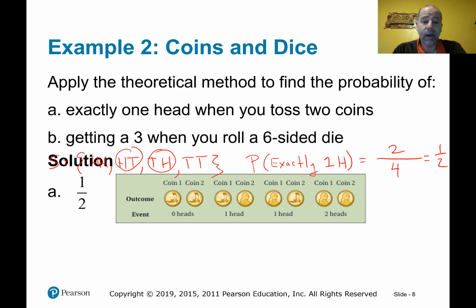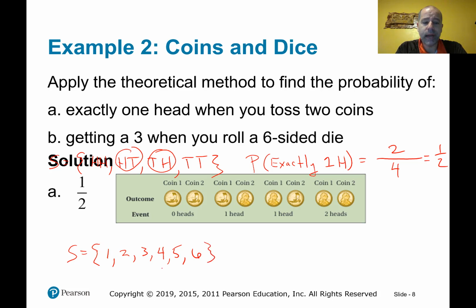Now, what about getting a 3 on the roll of a 6-sided die? Well, the same thing. We use the sample space. How many possible outcomes are there on the roll of a 6-sided die? You can either get a 1, a 2, a 3, a 4, a 5, or a 6.